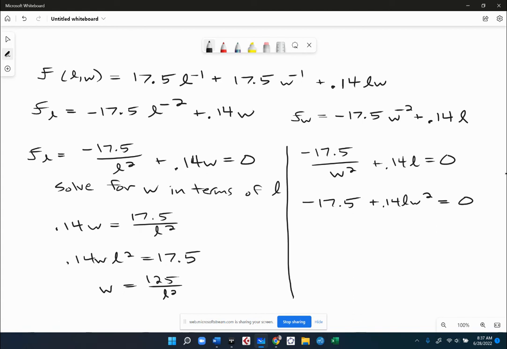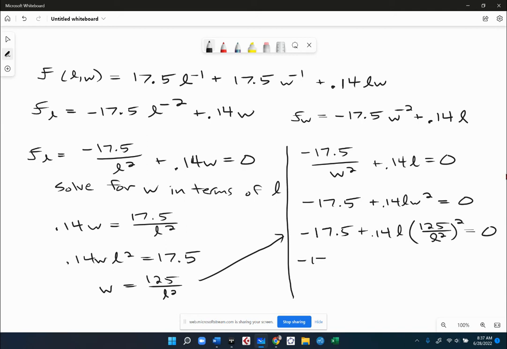And now I stick my expression for W into this. So I have negative 17.5 plus 0.14 L times that thing squared, 125 over L squared, equals 0. And now I've turned my equation in 3 variables into an equation in 2 variables into an equation in 1 variable, which we can finally solve.